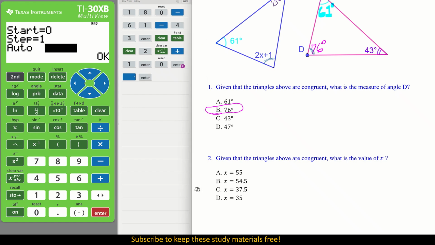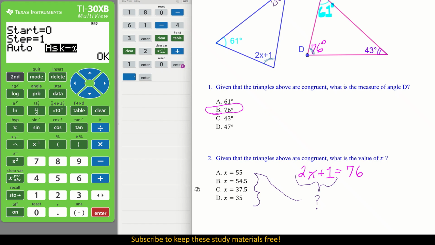Now, let me write all this down. This is what we have. We have 2x plus 1 equals 76. And what I'm doing right now is I'm going to use this left side that I entered, and I will use ask and put in each of these guys.